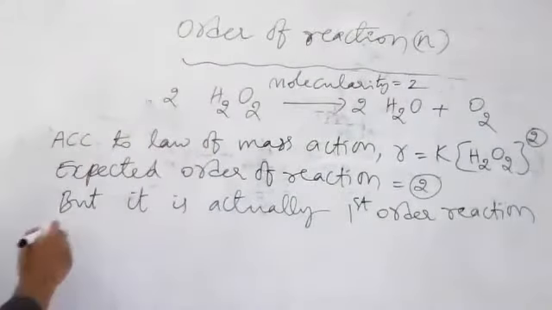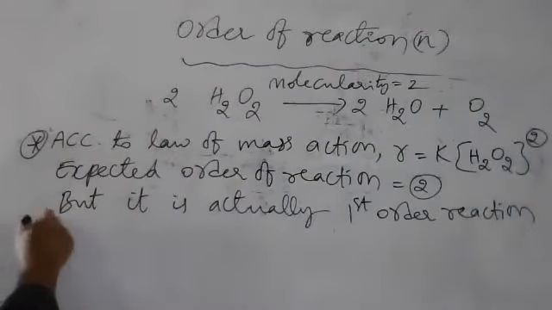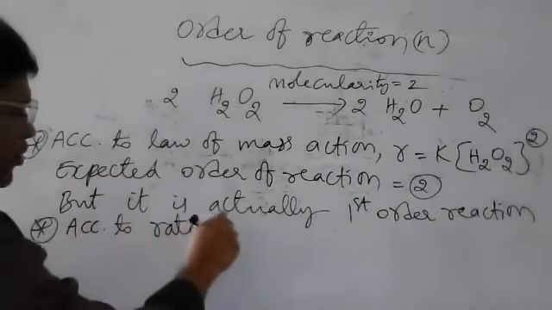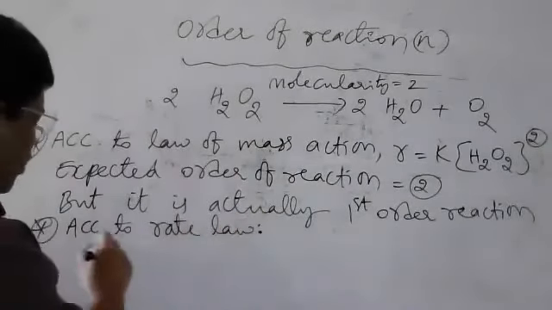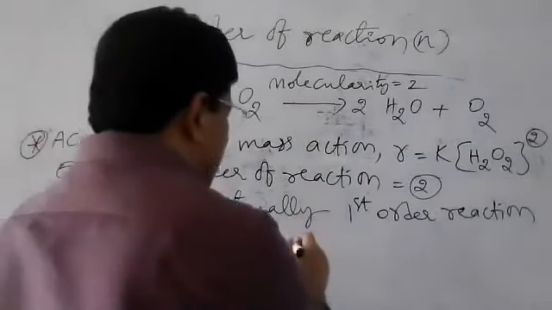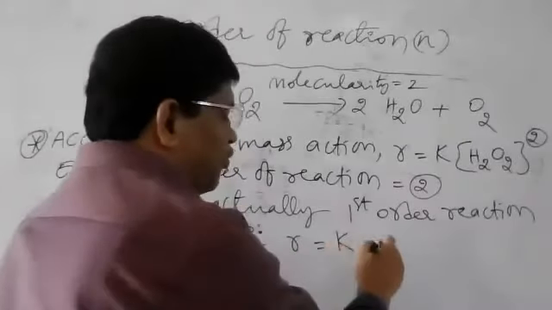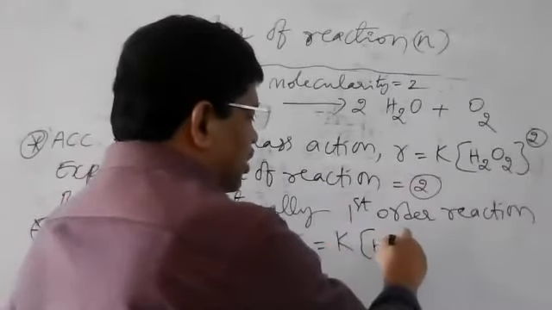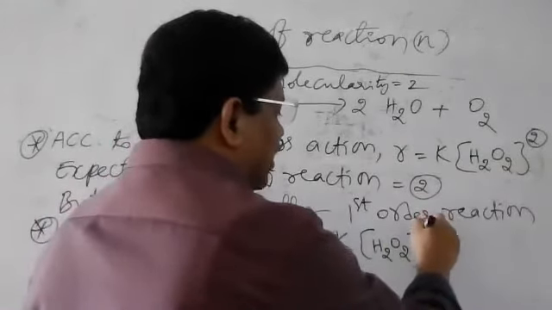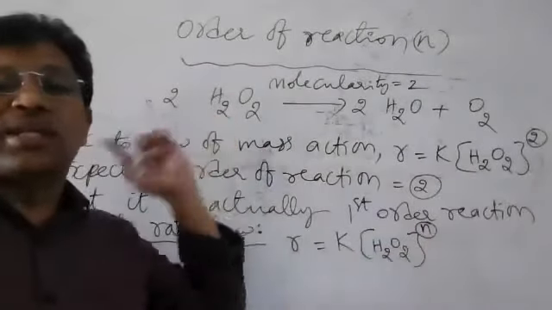According to the rate law, tell me the same equation: rate of reaction is equal to rate constant of reaction into H2O2 concentration to the power of N. N is the order of reaction. This N value is not equal to 2 in this case.